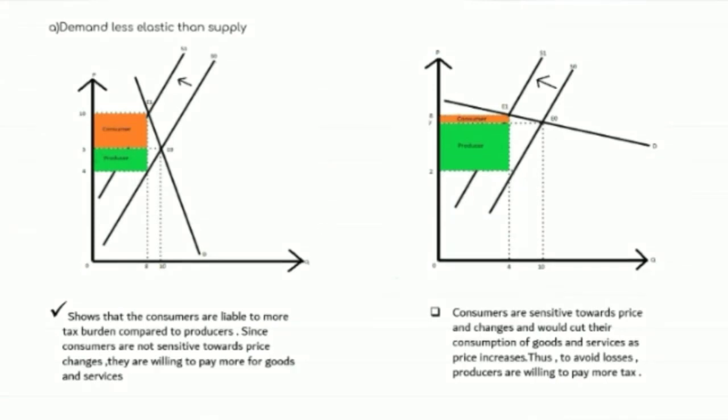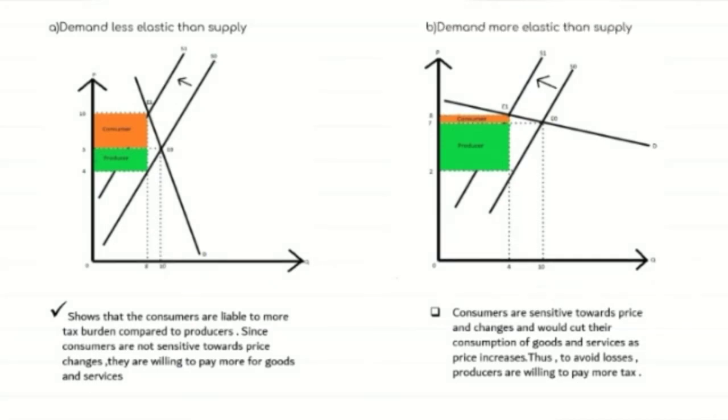When demand is less elastic than supply, the consumers are liable for more tax burden compared to producers. Since consumers are not sensitive towards price changes, they are willing to pay more for goods and services.